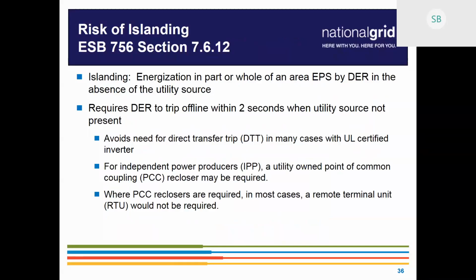DTT may be required in some instances, but in many cases now we're going with the approach that so long as faults can be detected from the customer site, we're covering ourselves for a fault condition. So in that case, a lot of times now we're able to avoid the need for DTT.